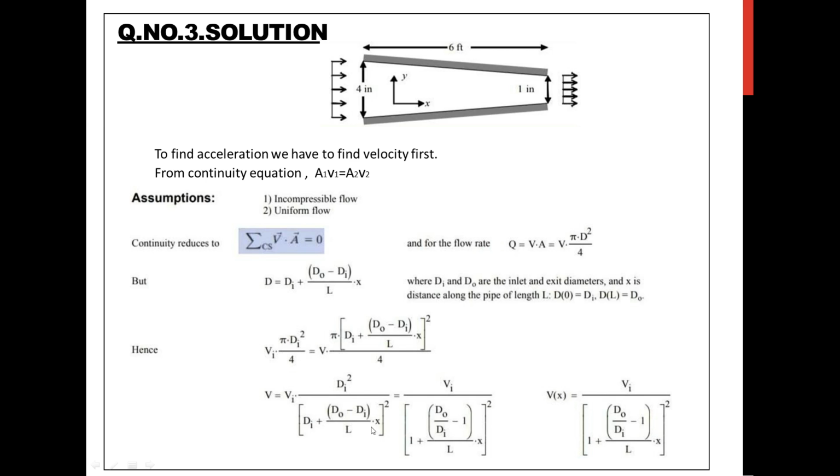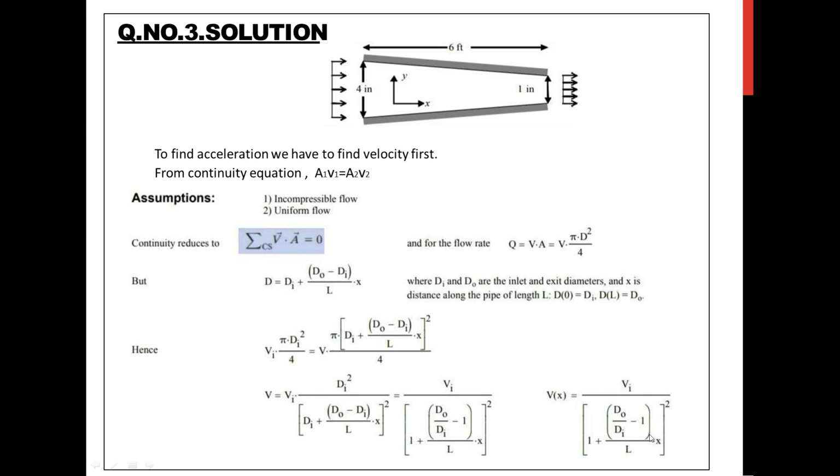Now solving this equation, we will get vx equal to vi divided by [1 plus (d naught by di minus 1) divided by L into x] whole square. Now that velocity will vary with respect to x.